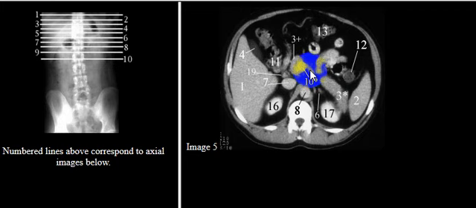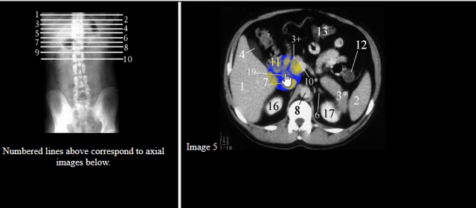This is the splenic vein, this is the superior mesenteric vein, and this is the portal vein. The splenic vein joins the superior mesenteric vein, as we see here, and it continues as the portal vein.